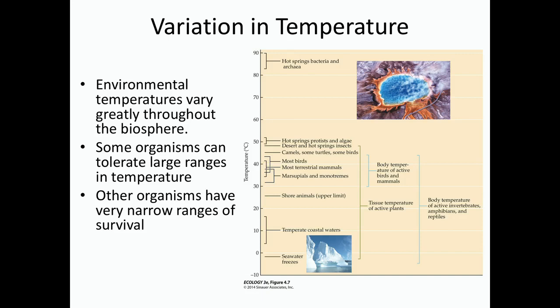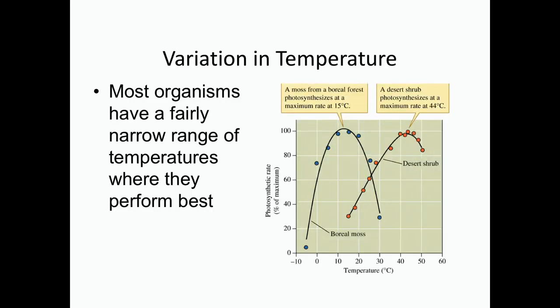Well, when we look at this more specifically in terms of individual organisms, we actually find that most organisms have a fairly narrow range of temperatures where they perform best. So for instance here, this boreal moss has an ideal photosynthetic rate at 15 degrees Celsius.